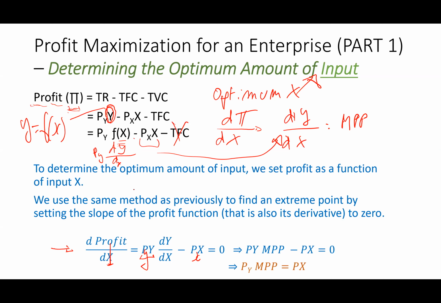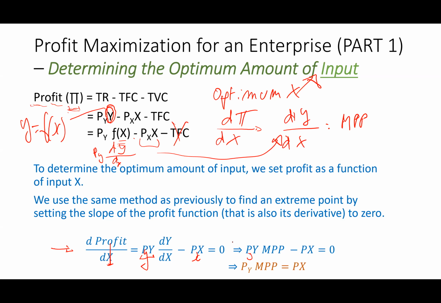To optimize, we set the first derivative equal to 0 because the first derivative represents the slope of the profit function. And so that's what we have here.